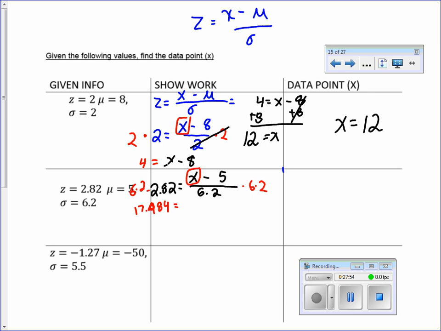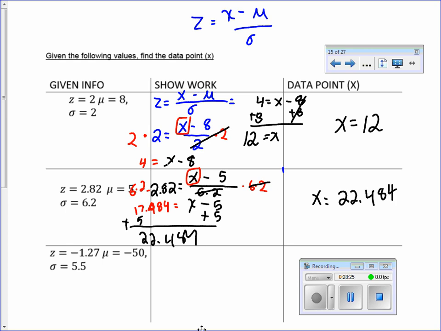This equals x minus 5, since the 6.2s cancel on this side. We add 5 to both sides, and 17.484 plus 5 equals 22.484. So x equals 22.484.